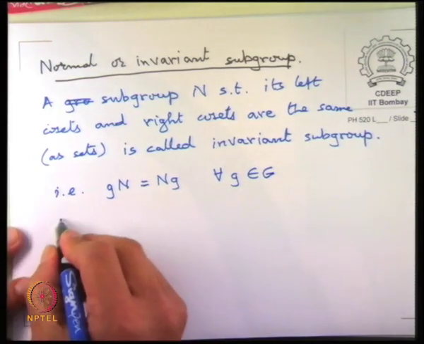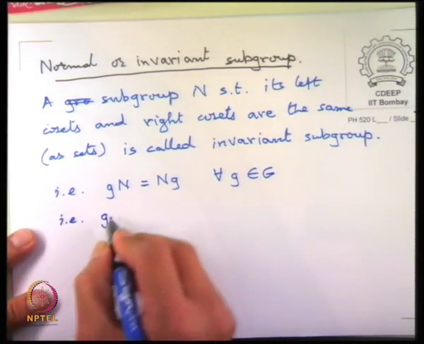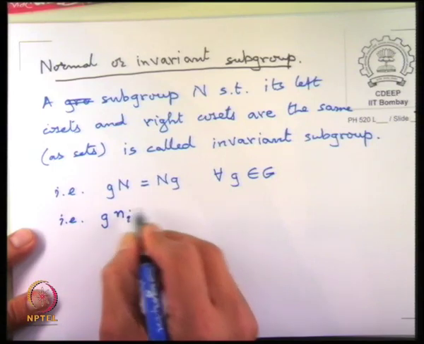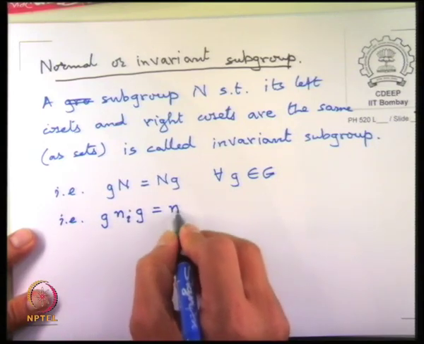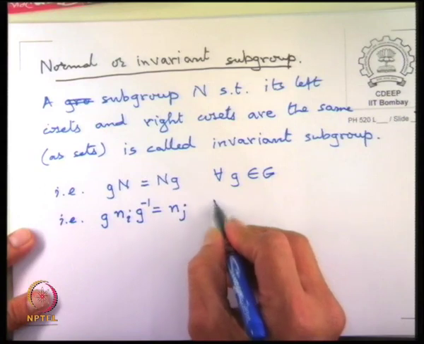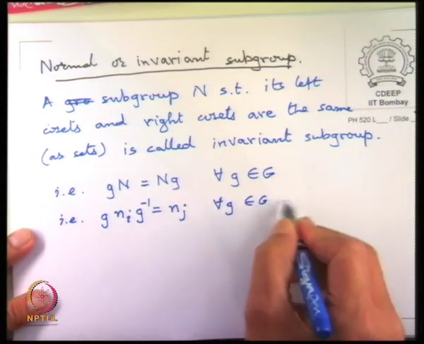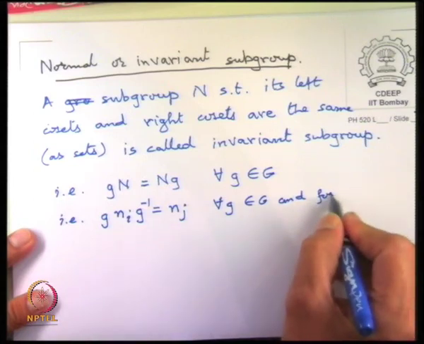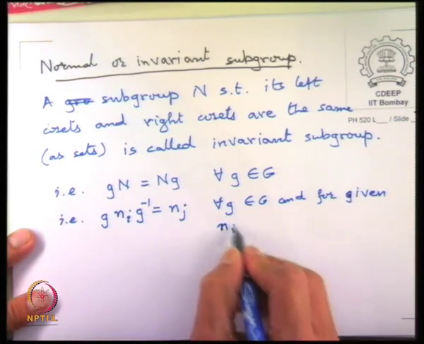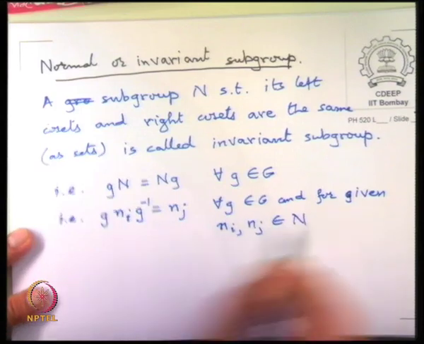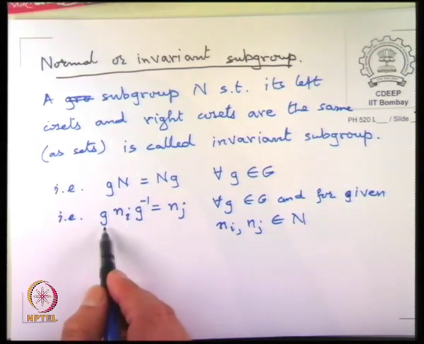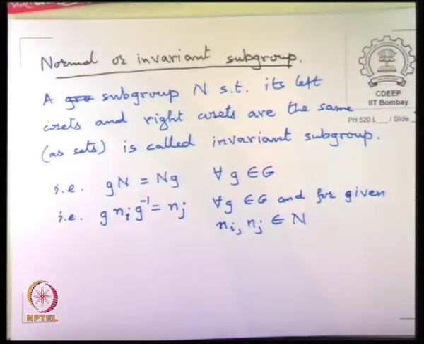What this means is that g n_i g inverse is equal to some n_j, for all g belonging to G and for given n_i, n_j belonging to N. So if you pick some element of the normal subgroup and take any element g of G, do g n g inverse, you will get back an element in the subgroup itself.